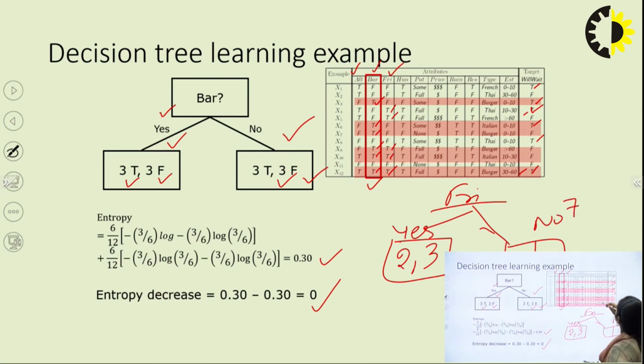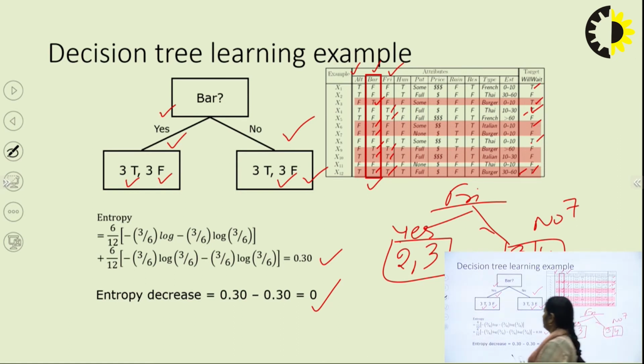So for those 7, 3 are true and 4 are false.